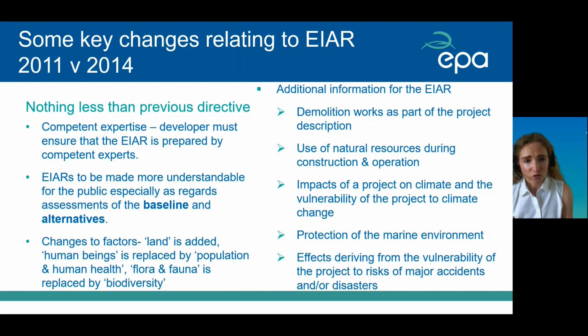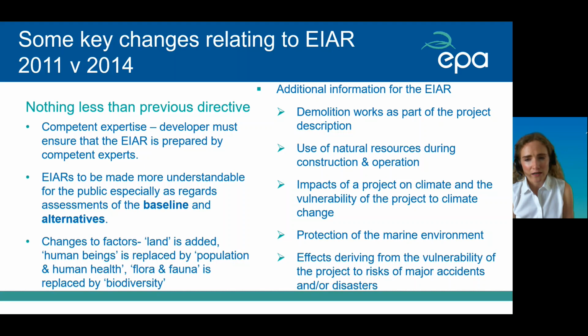Then in relation to the other changes, EIARs are to be made more understandable for the public to allow for increased public participation, especially as regards assessments of the baseline and alternatives. It was always a requirement of an EIAR, or of EIA, of the process of EIA, to ensure that a proposed development is assessed by reference to alternatives.